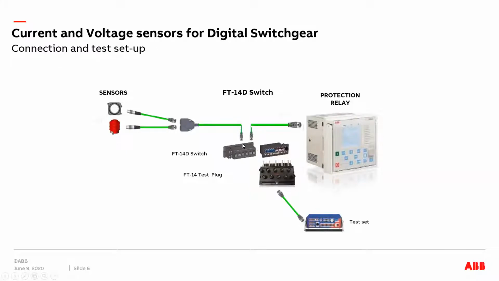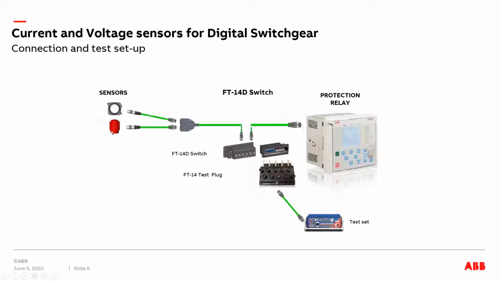It's a digital test switch from the same family of FT switches popular in North America. So we have a digital version of it, which can take the sensor input, and the output of that goes to the IED. From the relay standpoint, the relay has 3 RJ45 type inputs, one per phase. So 3 inputs go into the relay, where the current and voltage from each phase are clubbed together and fed into the device.